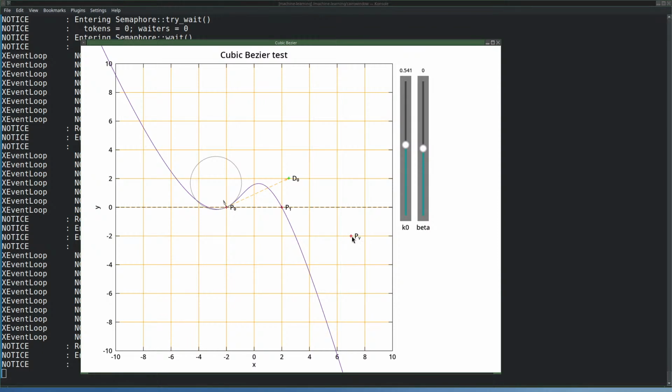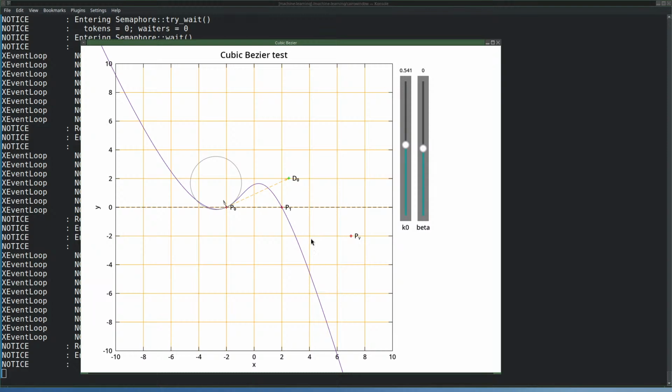The cubic Bezier curve is defined by 8 variables: 2 for each point, so 1, 2, 3, 4, 5, 6, and then 1 for the direction, that's the angle, and 1 for the radius, the curvature. But does that give me a good fit? No, not at all.